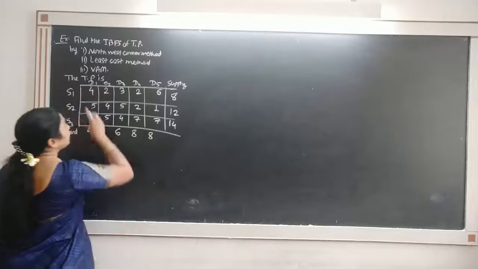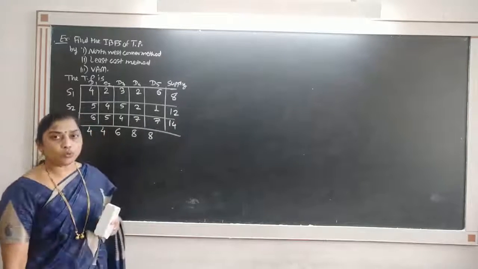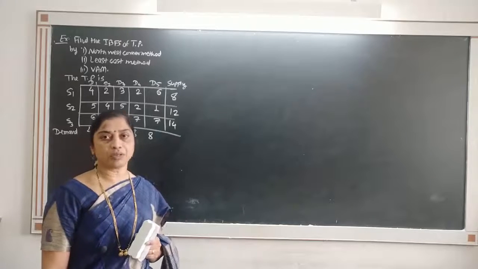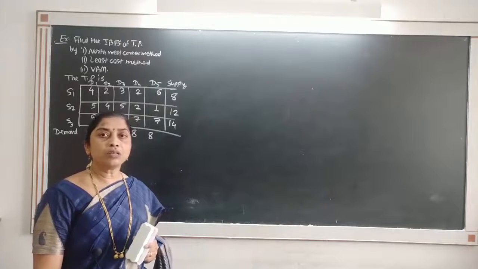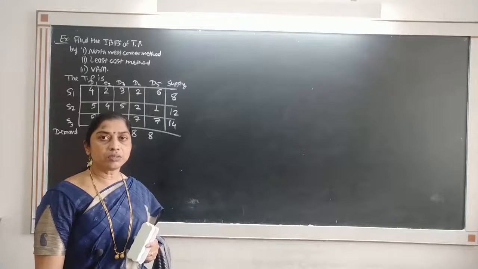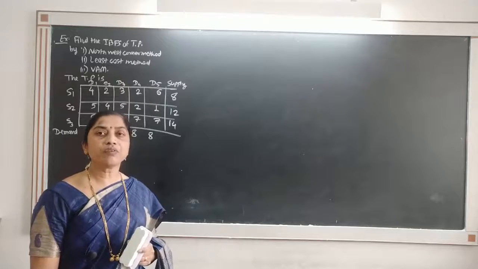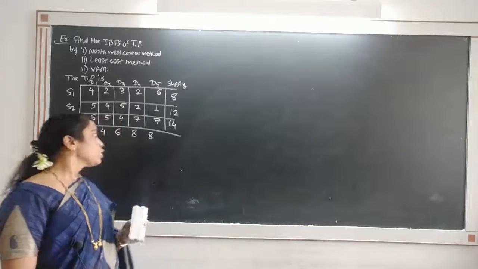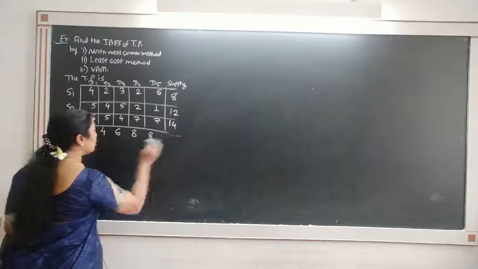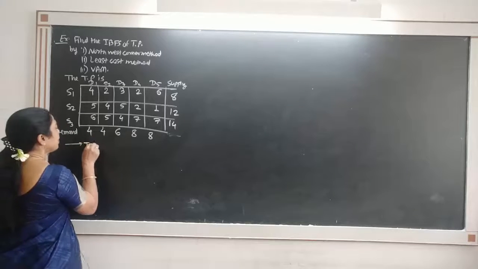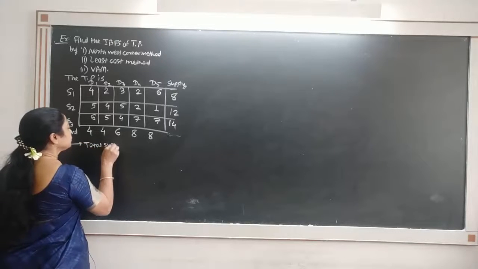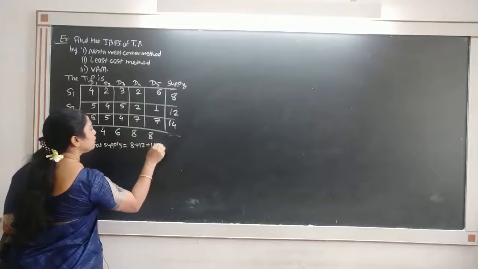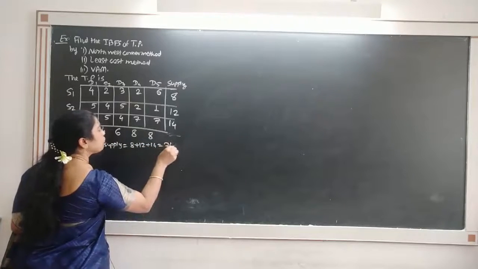We want to find the initial basic feasible solution of this transportation problem by all three methods. To proceed to use the methods, the first step is to check whether the transportation problem is balanced or not. So see total supply and total demand. Total supply is equal to 8 plus 12 plus 14, that is 34.